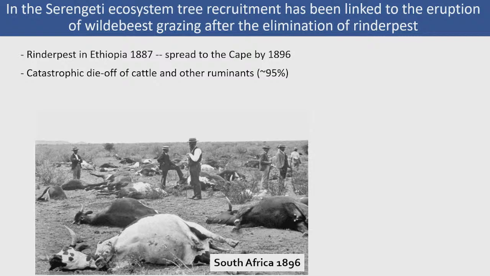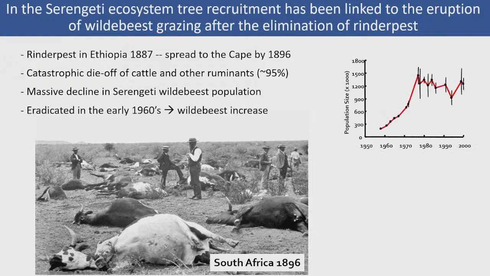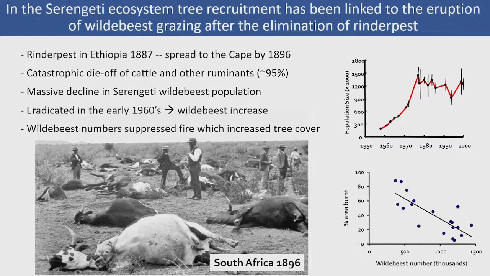There was a catastrophic die-off of ruminants and cattle across the continent, and this included a massive decline in the Serengeti wildebeest. Rinderpest was eradicated, and then in the early 1960s, data showed that the wildebeest population in Serengeti began to increase and rebound. And as Craig talked about, I'm going to show exactly the same graph from Tony Sinclair.